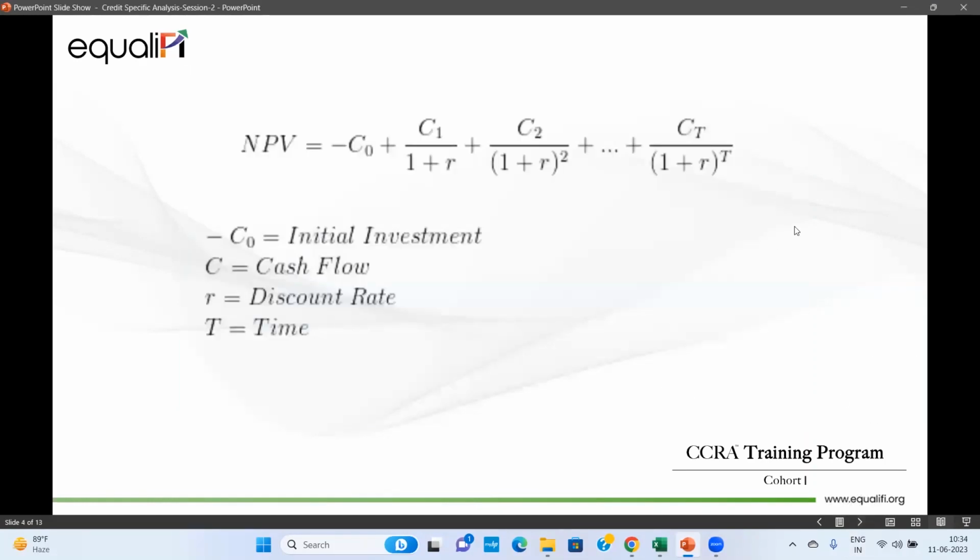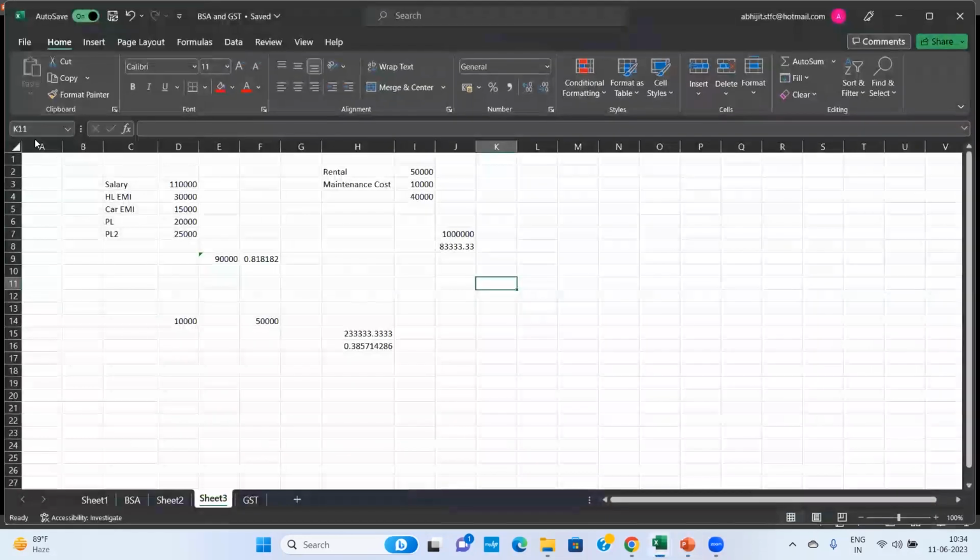Now, this is a typical formula of NPV, right? Cash outflow, cash inflow. So we can even do it in Excel.